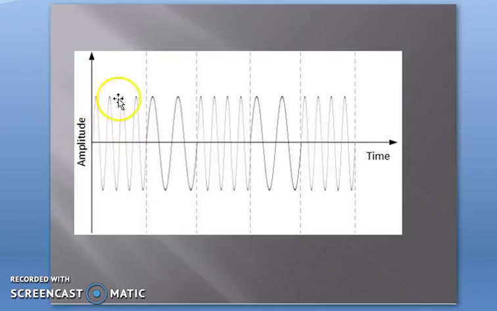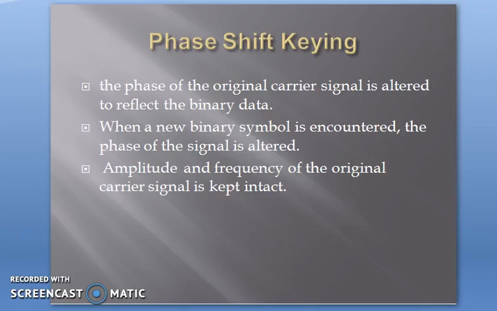We can see that the amplitude is the same for all the signals, whether 1 or 0, and the phase is also the same. When we start a signal, it starts from the same point, so the phase is the same and only the frequencies differ. This frequency may be used to represent 1, then this one to represent 0, and this is again 1. So two frequencies are used to represent the binary 1s and 0s.